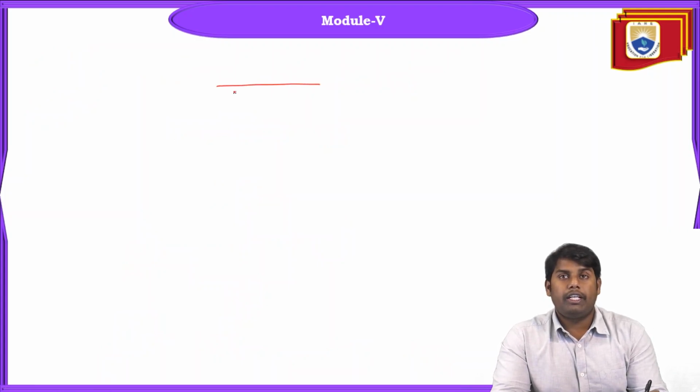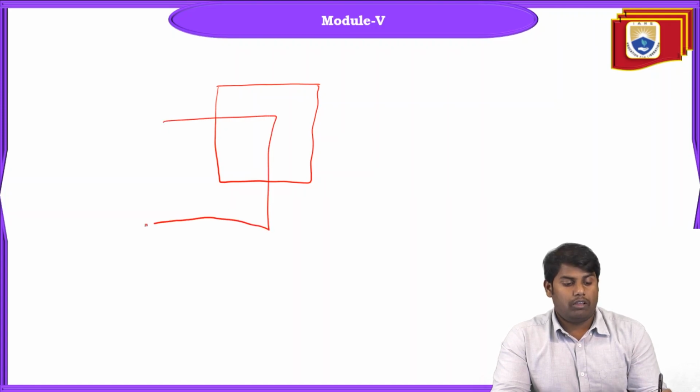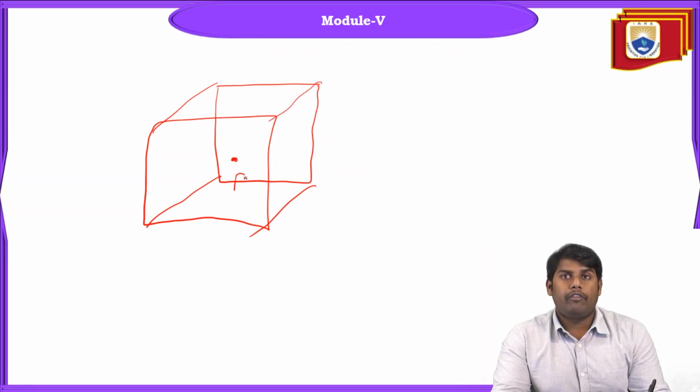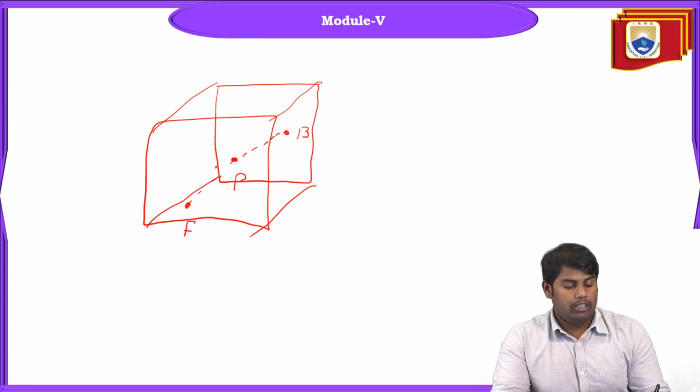If you draw a 3D block, let's say at the center we have the point of interest P. At the back, let's say we say B for back. Here we say F for front. At the side we have the west node, at the E you have the east node.